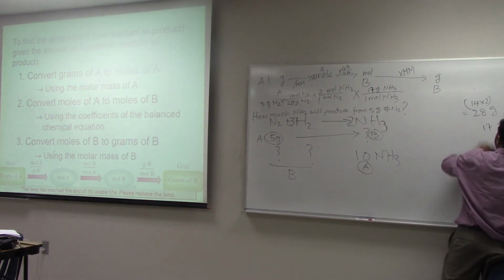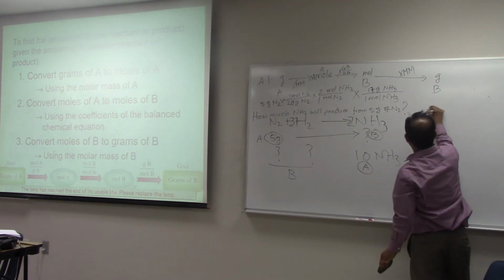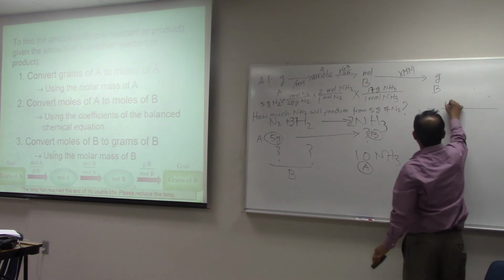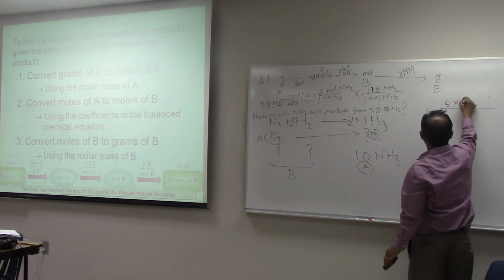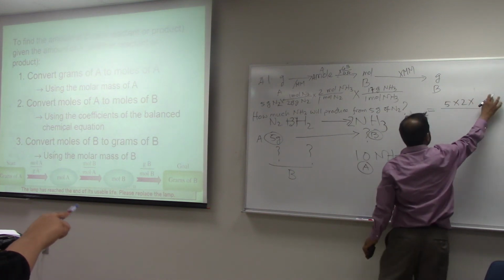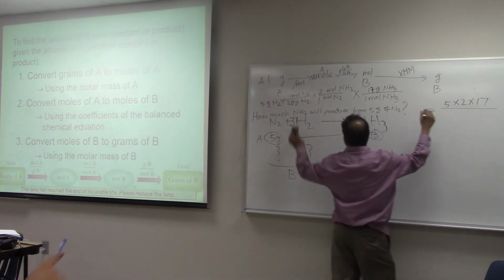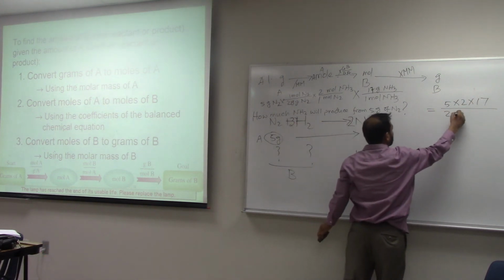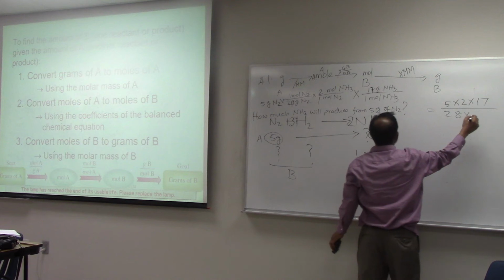So let me erase that part. To calculate, you have 5 on the top, 5 times 2 times 17. In the bottom you have 28 times 1.